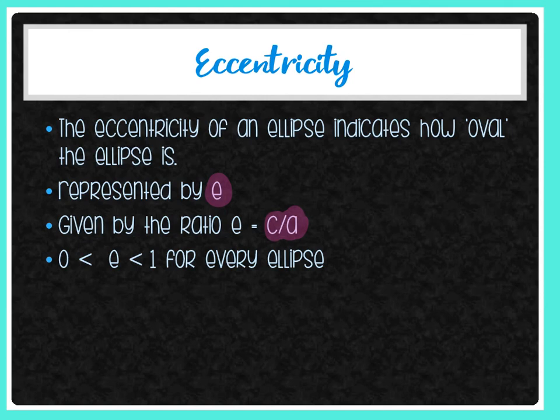The closer it is to 0, the more it's shaped like a circle. The closer it is to 1, the flatter your oval is going to be. So the bigger the number, the flatter it is. The smaller the number, the rounder it is.